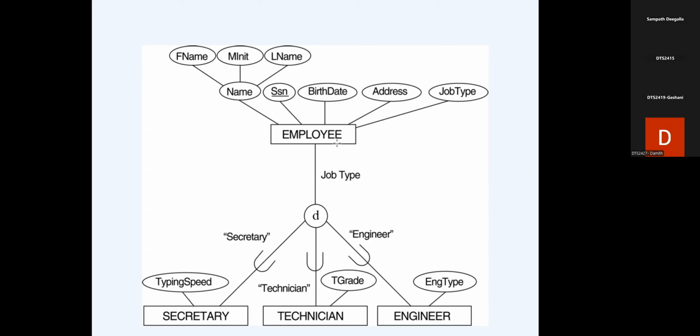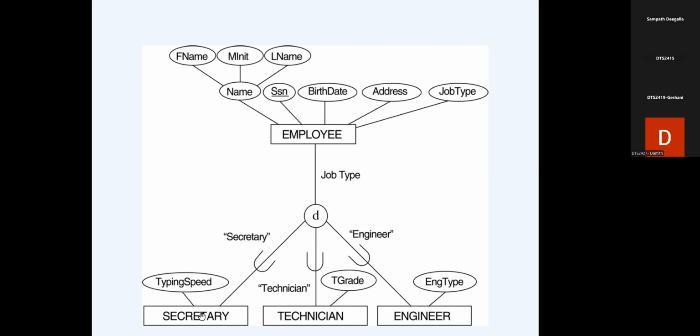What I want to show you here is sometimes when you are going to create employees, depending on their job types, we can have employees as secretary, technician, engineer. So the difference will be you will have special attributes that only belong to those subcategories, right? So you can notice here. Generally, employee has name, social security number, birthday, address, job, and so on.